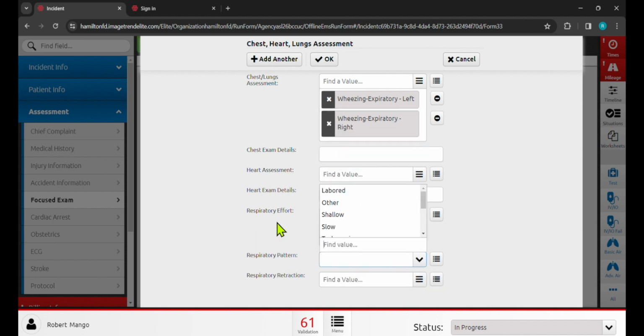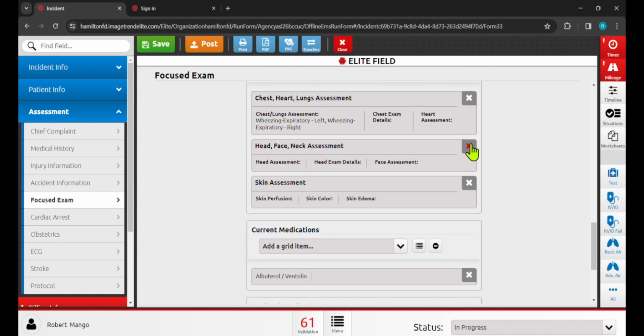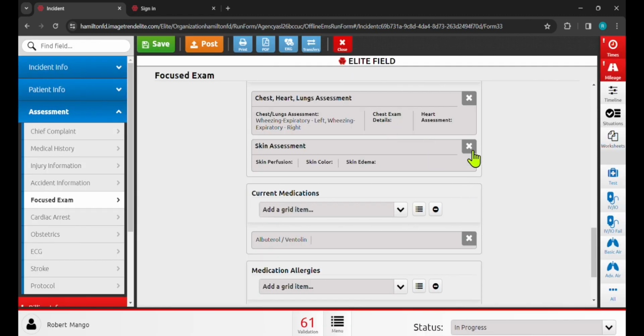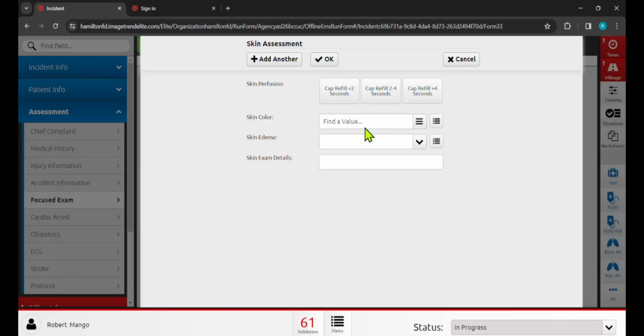Labored breathing, but the exam of the chest maybe is not super applicable based on the information you have. So no, you don't have to fill out every one of these to fill out an assessment. So we'll get rid of these ones. Well, this one is applicable, right? If we're having trouble breathing, we might be hypoxic.